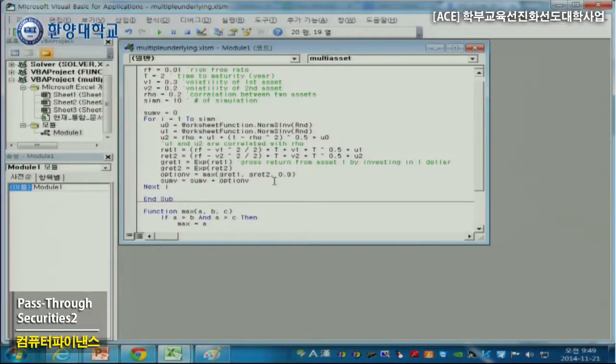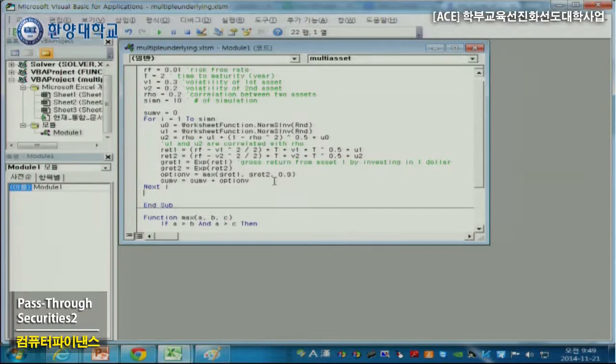And so at the end, the final option value is what? We have sum v divided by sim n. So this is the average. And then of course we have to discount it back. And then we are done, right?